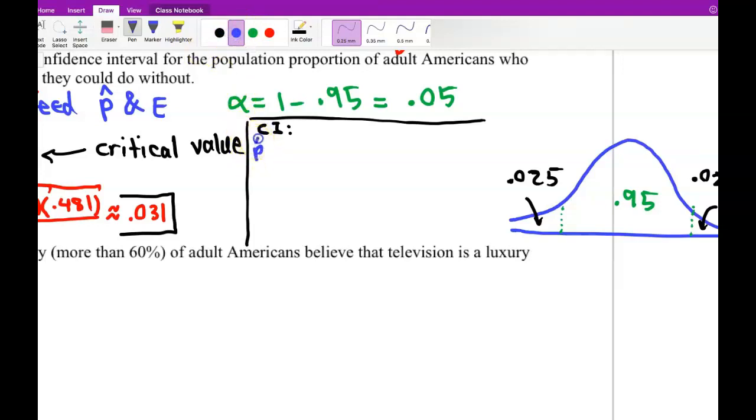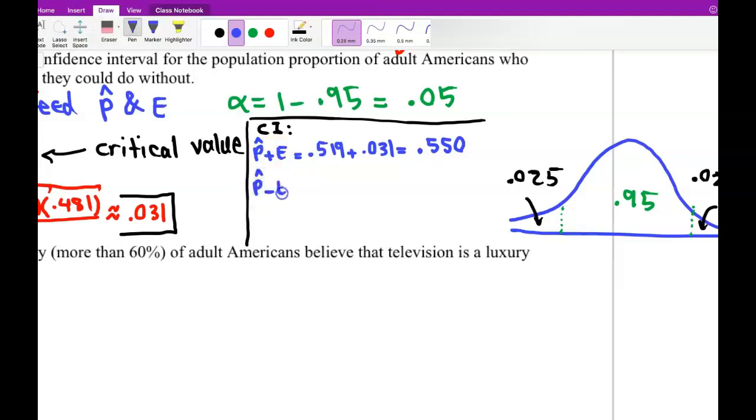We have P hat plus error, that is equal to P hat is 0.519 plus from this part error is 0.031. So that is equal to 0.550. So this was upper bound, now lower bound.